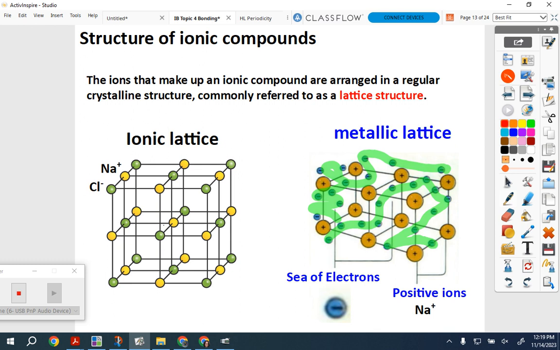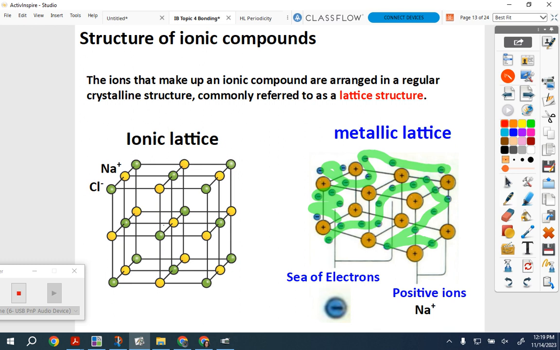If you can reproduce the structure of sodium chloride and know that it's alternating positive and negative ions in this sort of cubic structure, you'll be fine. Each sodium ion has essentially 6 chloride ions around it in the X, Y, and Z axes, and vice versa for the chloride ions. So it ends up looking like this.